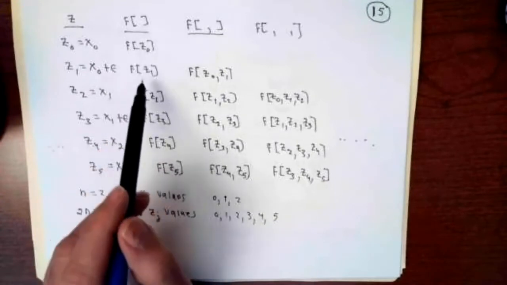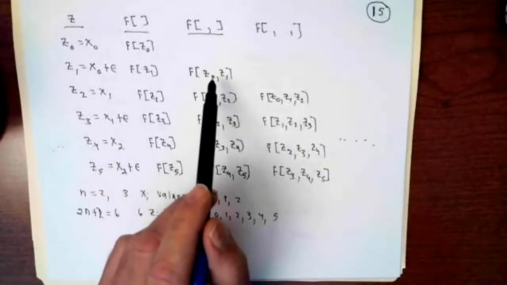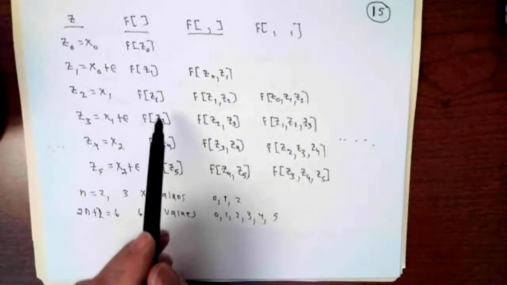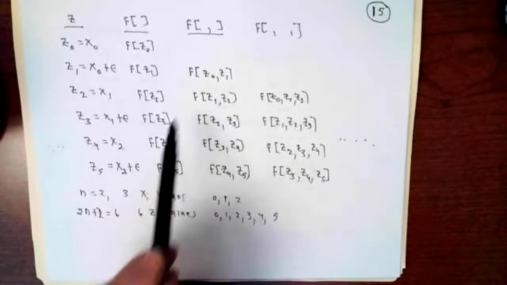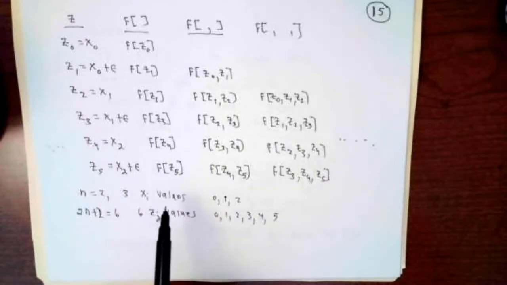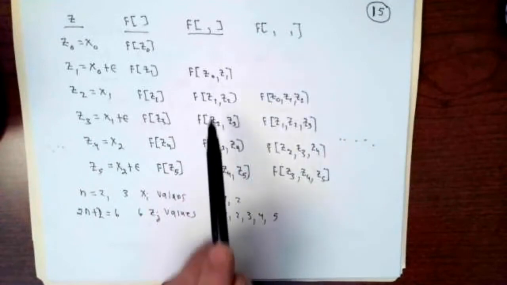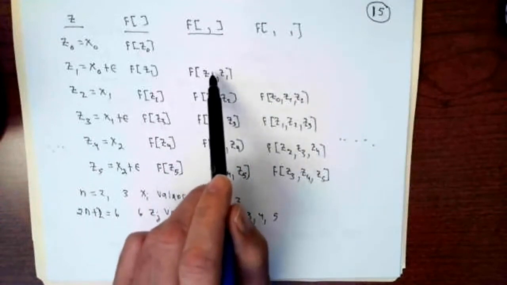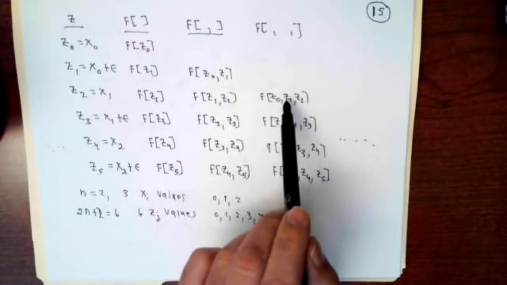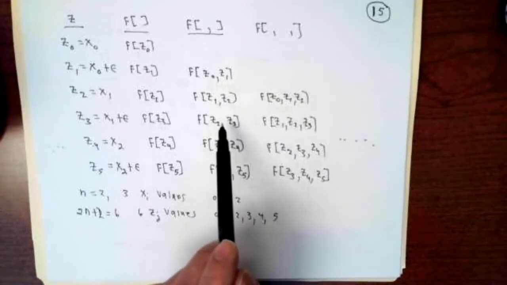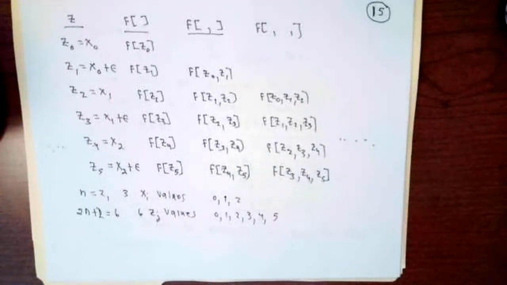I will combine these two pieces of information to get that one, these two pieces of information to get that one, and so on down the list. When I've got all of these pieces of information, I'll combine this one and this one to get that one, this one and this one to get that one, and it's exactly the same formulation that we had before, except the indexing is twice as big as it used to be.